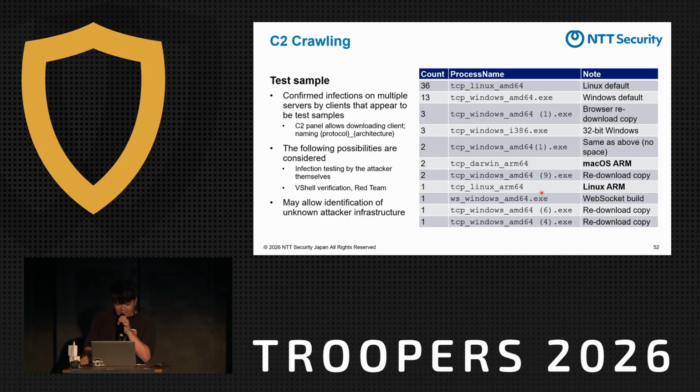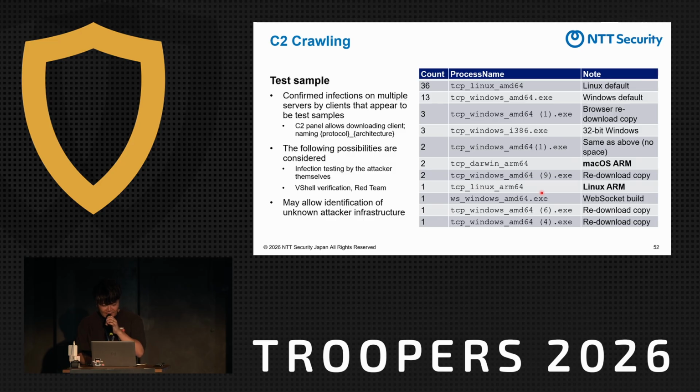And we observed multiple servers where clients seem to have been deployed in a way that suggests testing activity. In the vShell C2 panel, client binaries are downloaded with automatically generated names in the format of protocol, OS, and architecture, such as TCP Windows AMD64 or TCP Linux AMD64. From this list, we can see binaries targeting multiple platforms, including Windows, Linux, and macOS ARM, indicating possible cross-platform testing or validation.